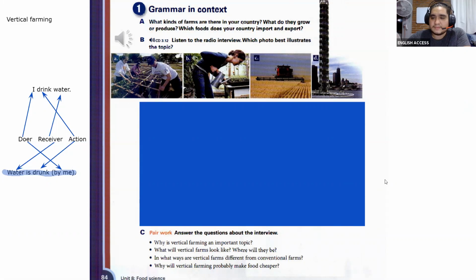Okay. Gina, can you read the second question, please? Yes. What will vertical farms be? Where will they be? So can you answer that? Yes, I think that it's like the picture.